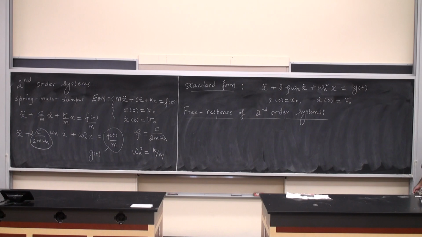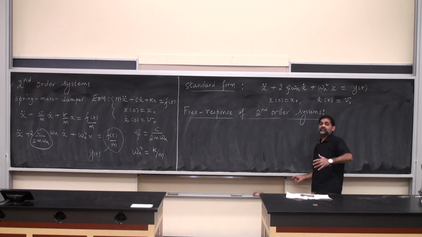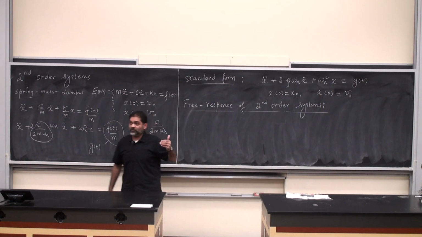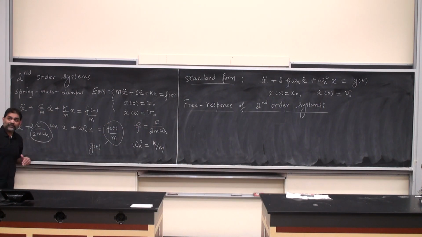And I'm going to start with the standard form itself, because we know that given a second order system, you can always manipulate it into the standard form. This is the premise under which we are working.